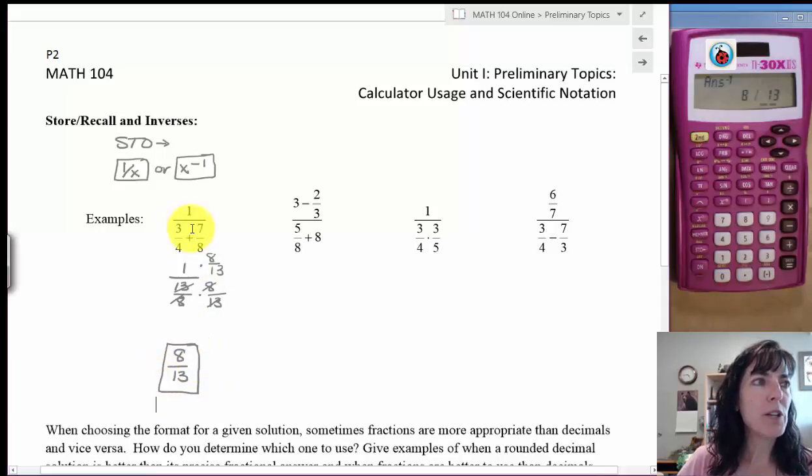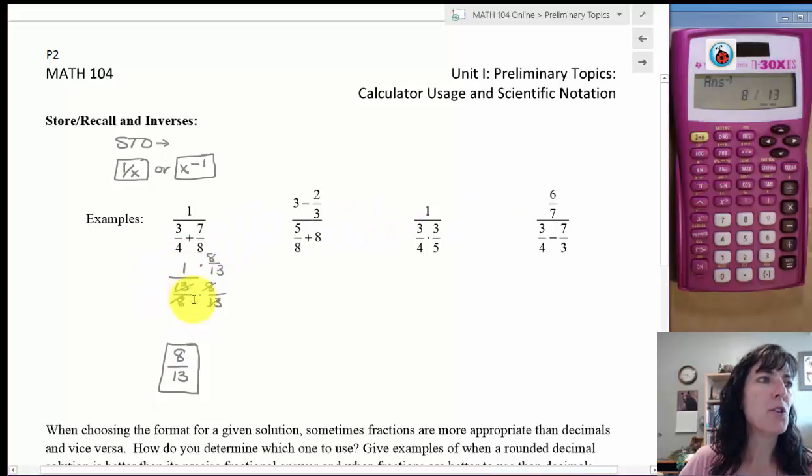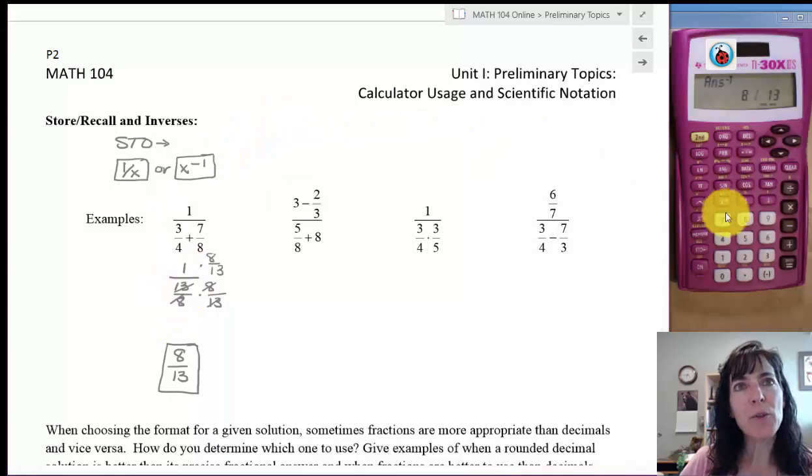So what I wanted you to see is that you can add those two fractions using your ABC button here, and then you can take 1 over that fraction by using this inverse button right here. And that gave me my result, 8/13.